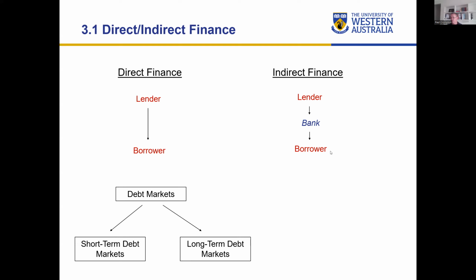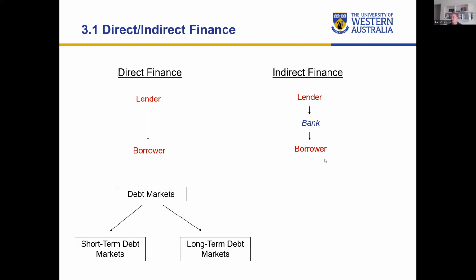Now, just for now, we're going to assume that a bank obtains money to lend to a borrower from its customers. So customers come into the bank and put money or leave money in their savings account or perhaps a term deposit. And then the bank takes that money and lends it to a borrower at the same bank.